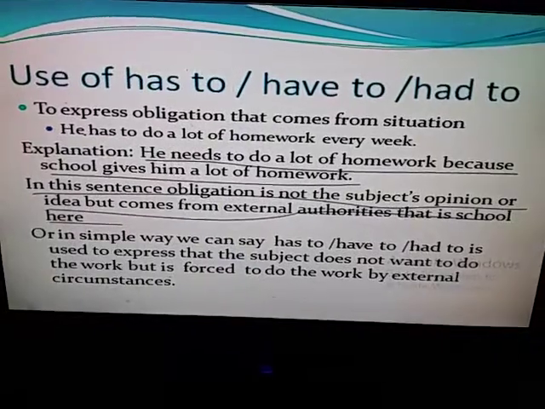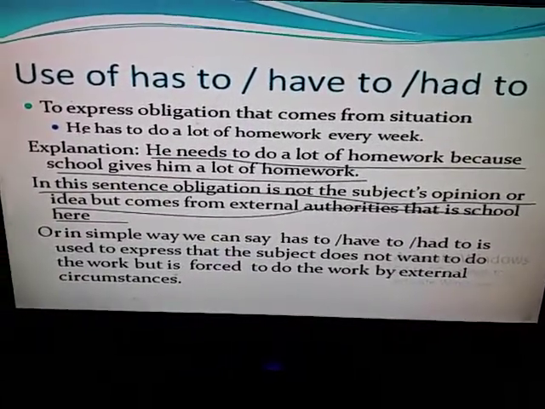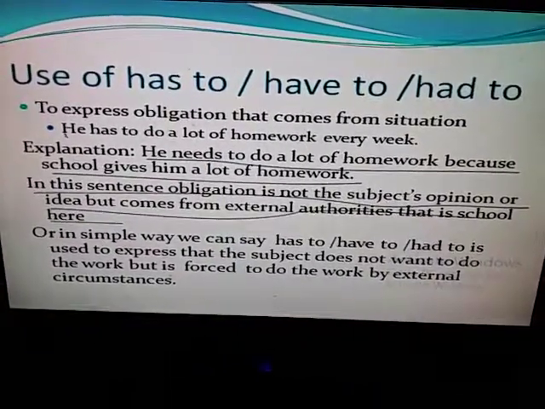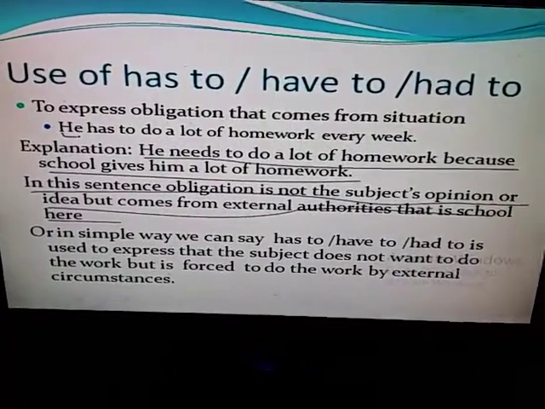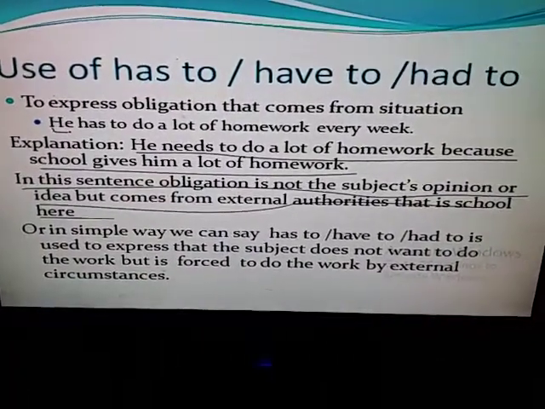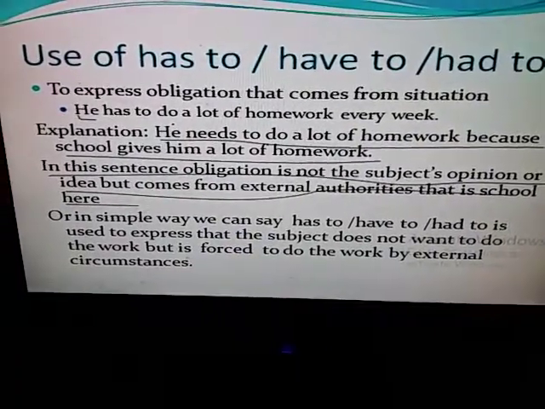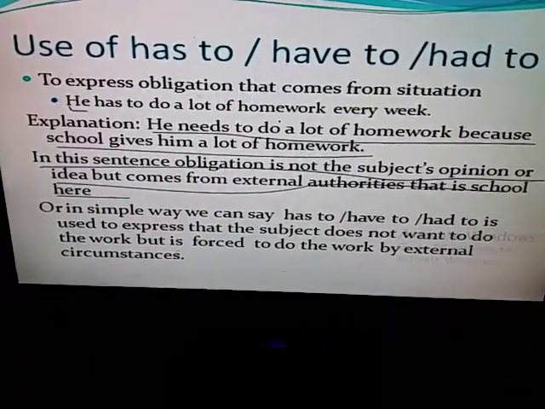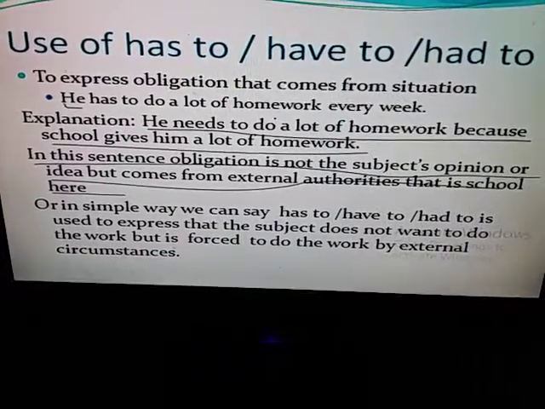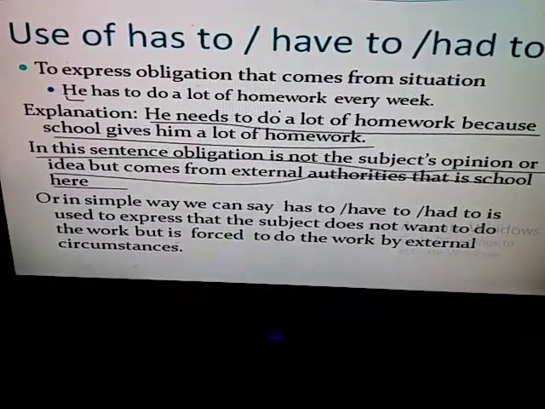That means the subject is not willing to do homework, but due to external force or external circumstances, he has to do the homework.